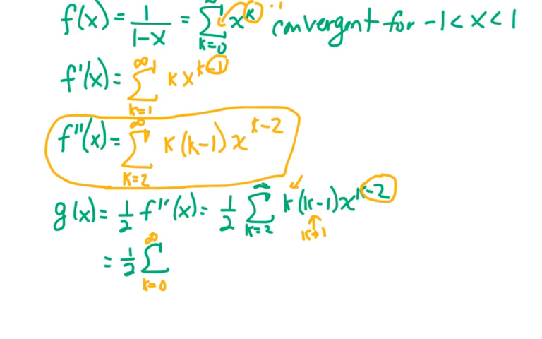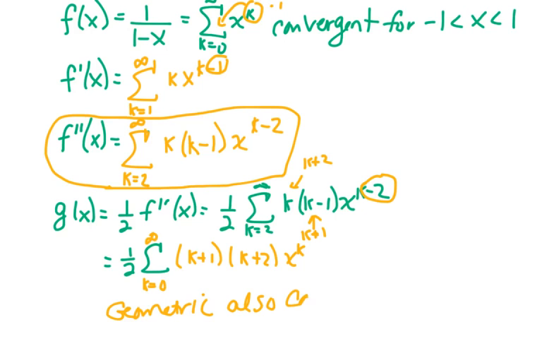And here, this becomes k plus 2. So I'm going to order them a little differently: k plus 1 times k plus 2 times x to the k. And that's a geometric series. And we know that this also converges for negative 1 to 1.